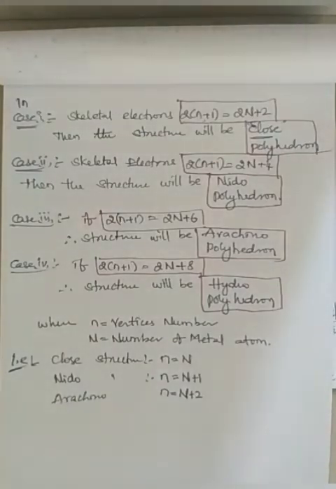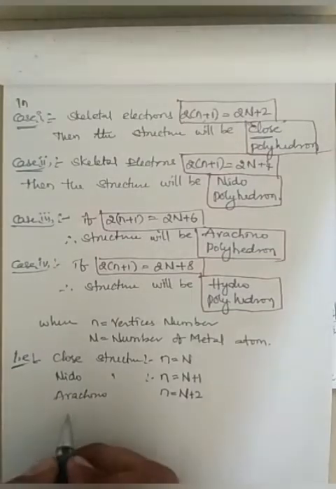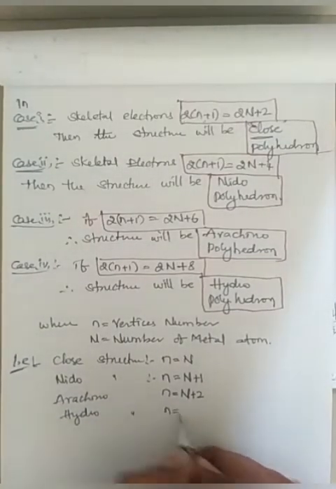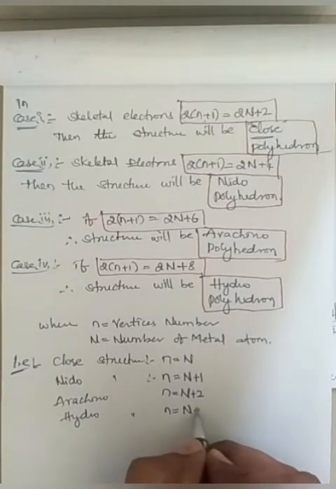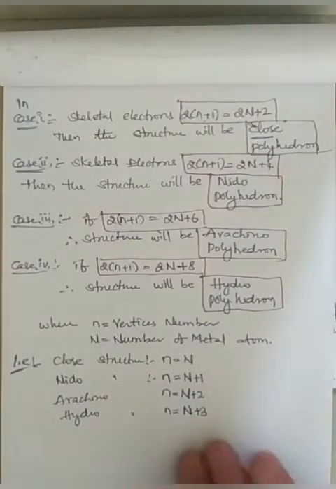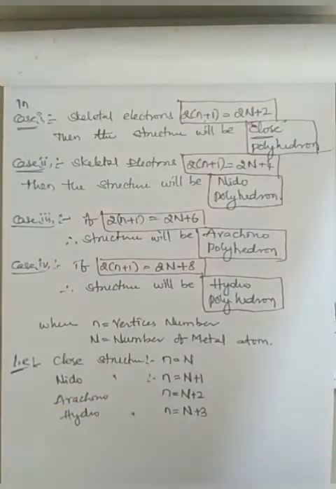When it comes to the Hypho structure, the vertices number will be equal to the metal number plus 3, which means 3 metals will be missing from the polyhedral structure, right? Like that, the 4 types of different structures are found in the high nuclear metal carbonyl clusters.